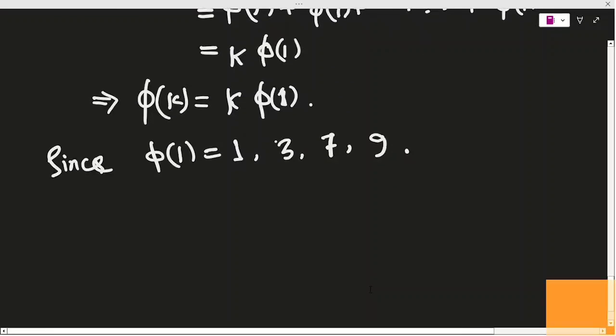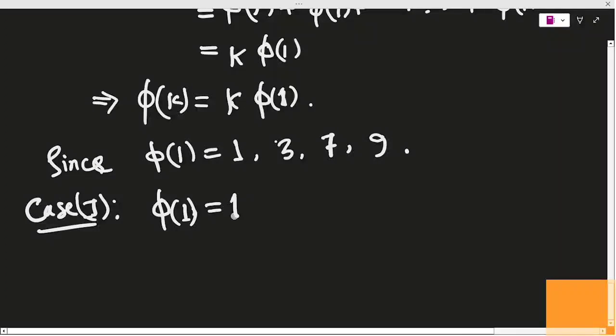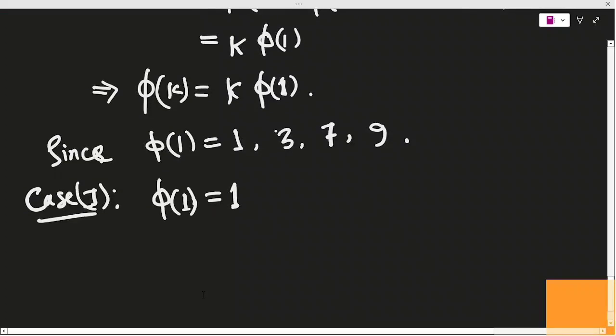Case 1. In case 1 we take phi of 1 equal to 1. Next phi of 1 equal to 3, then phi of 1 equal to 7, like that.